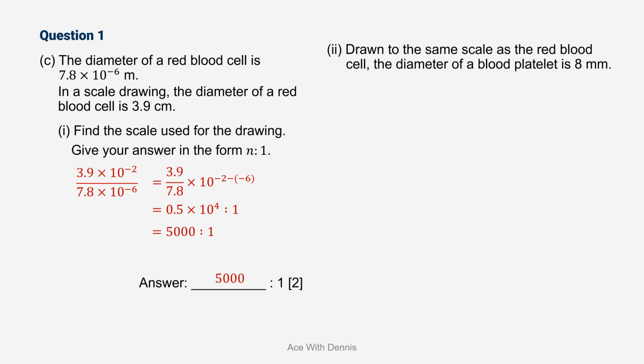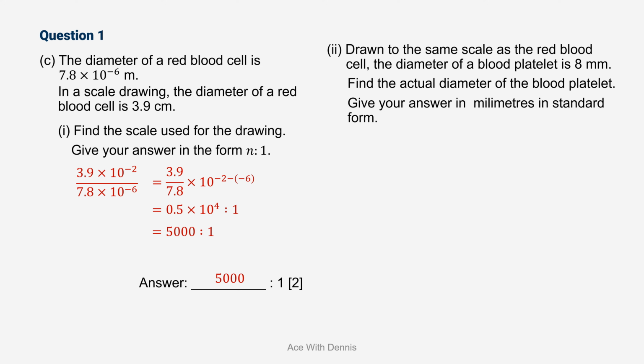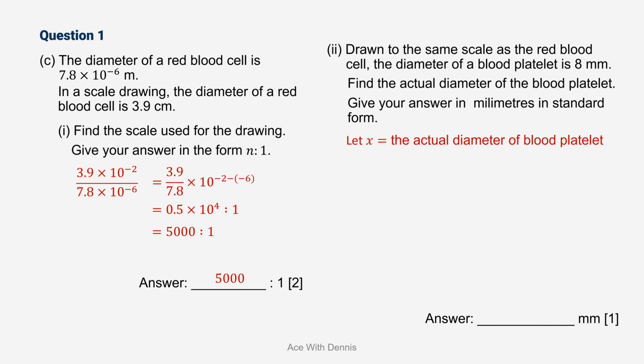2. Drawn to the same scale as the red blood cell, the diameter of a blood platelet is 8 millimeters. Find the actual diameter of the blood platelet. Give your answer in millimeters in standard form. 1 mark. So the first thing we need to do is we'll let x be the actual diameter of the blood platelet.